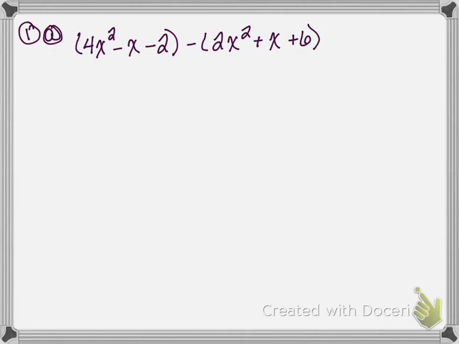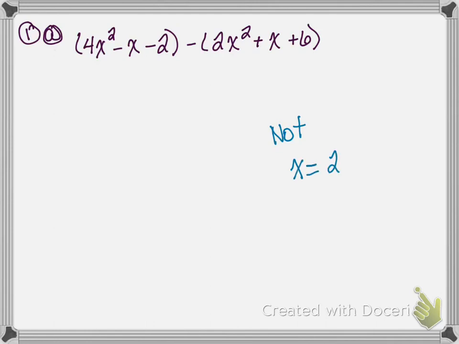So let's get started. The directions on the first set are perform the indicated operation and simplify the result. So we are simplifying here, and anytime that we are simplifying, we are not solving for x. The directions are simplify, so we are not going to have an answer that looks like x equals 2.